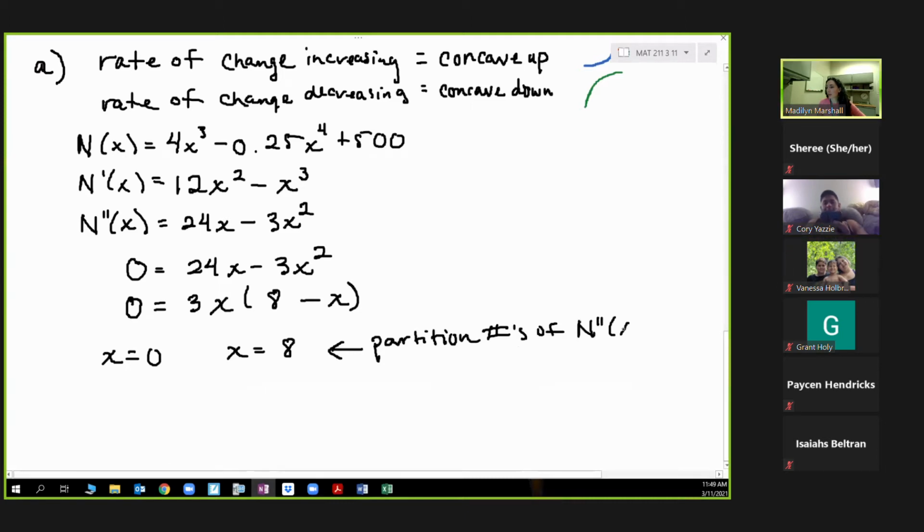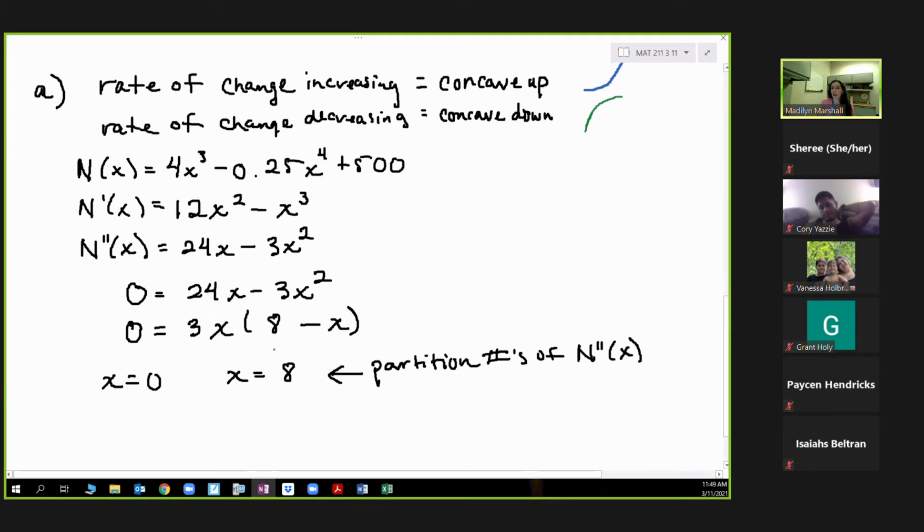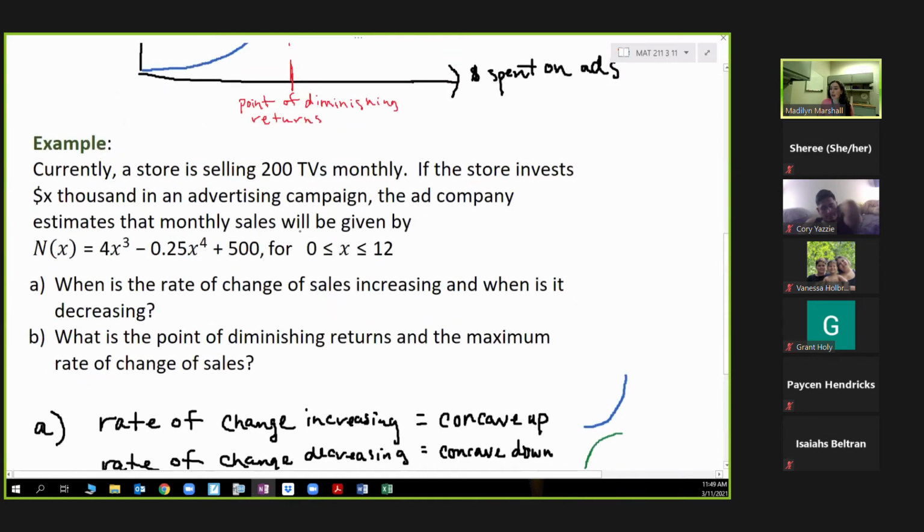Partition numbers can be found for any function, whatever we're focusing on at that time. But we have to remember what we're doing here. At the very beginning of the problem, it said that x is going to be between 0 and 12. So we're either spending $0 on advertising, or we could go up to $12,000 since this is in thousands.